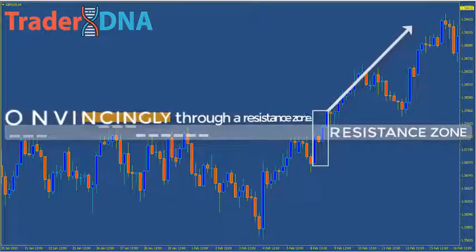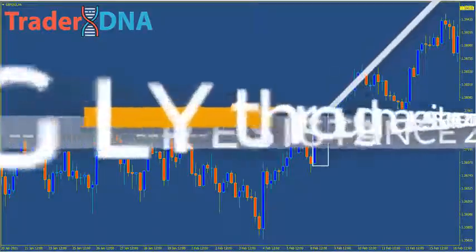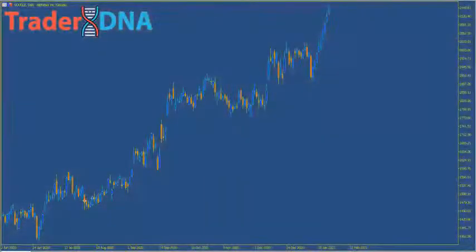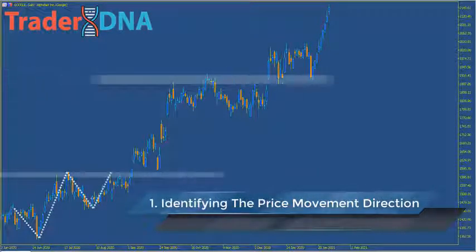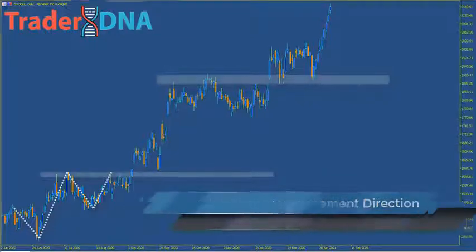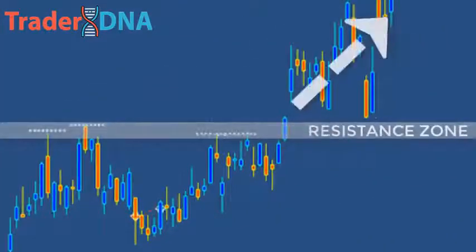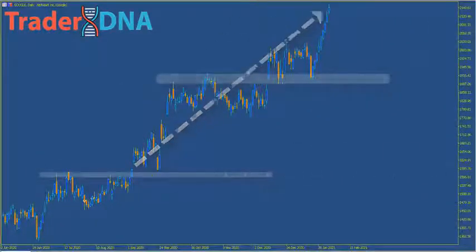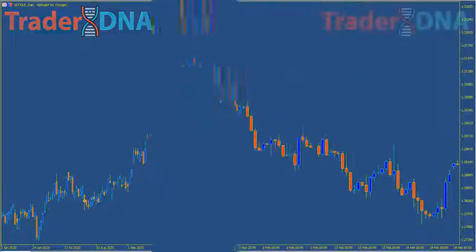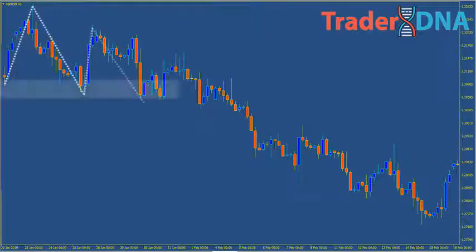The support and resistance breakout strategy involves the following steps. Step 1. Identifying the price movement direction. If there is an uptrend, we should expect a resistance breakout. If there is a downtrend, we should expect a support breakout.